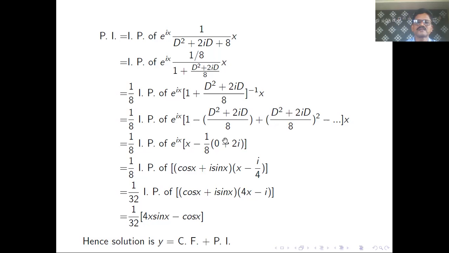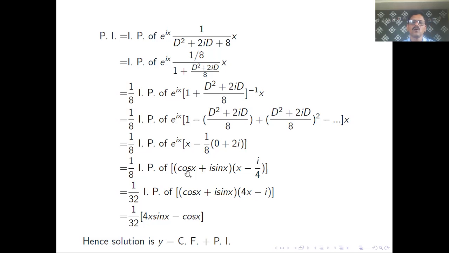Only you simplify this. Now in the next step, this IP of e raised to ix, I have substituted the value of e raised to ix as cos x plus i sin x into this bracket. As it is, x minus 2 upon 8, you will get it to be 4, and this i as it is.